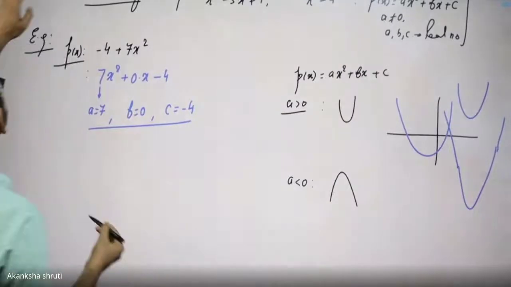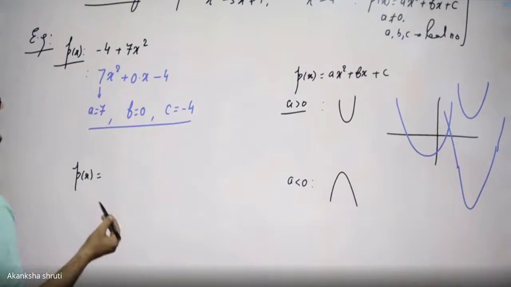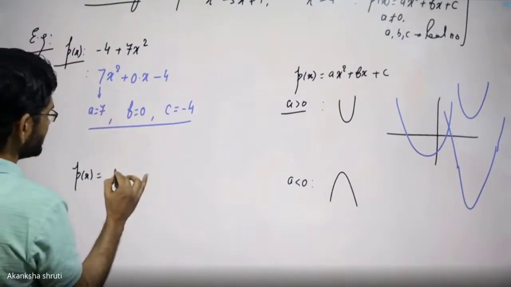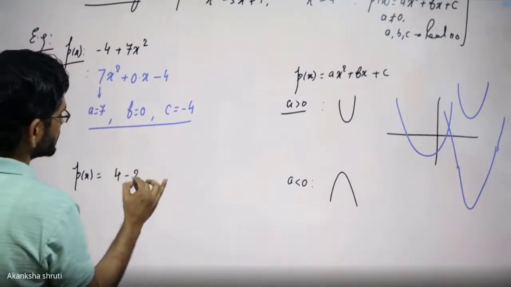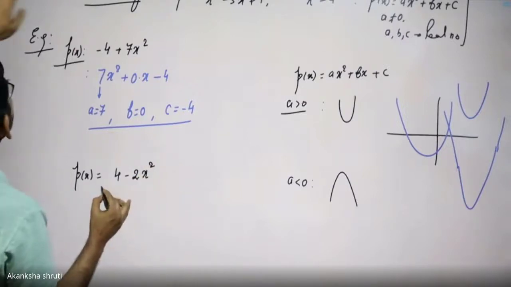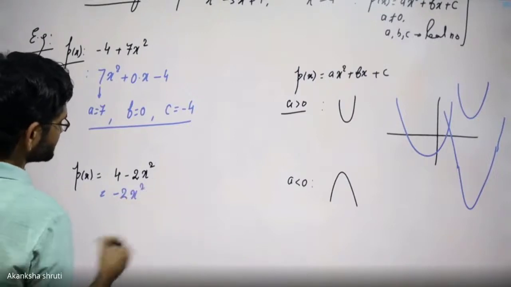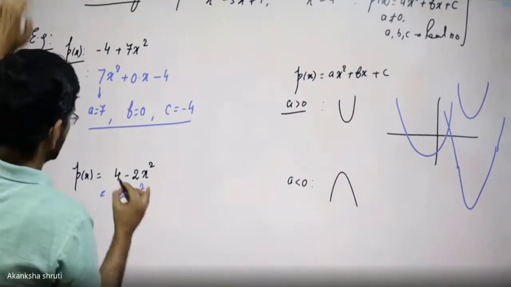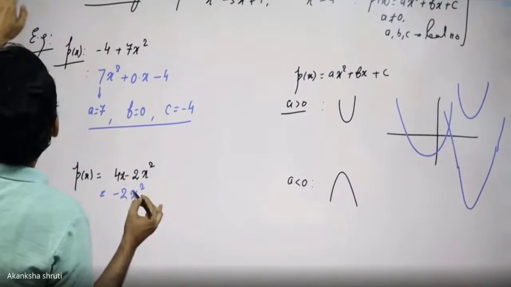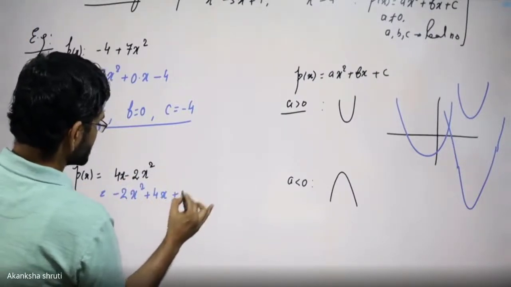But if a is negative, then it will open downward. When is a negative, student? Very simple thing. If I am writing 4x minus 2x square, in standard form it is minus 2x square plus 4x plus 0.